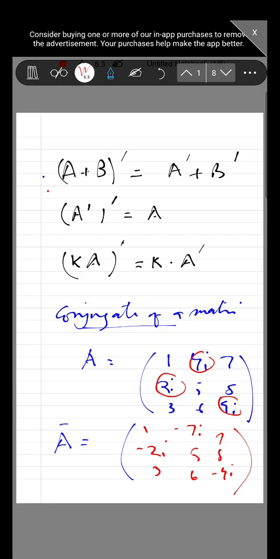So changing the sign of the imaginary part is called the conjugation.